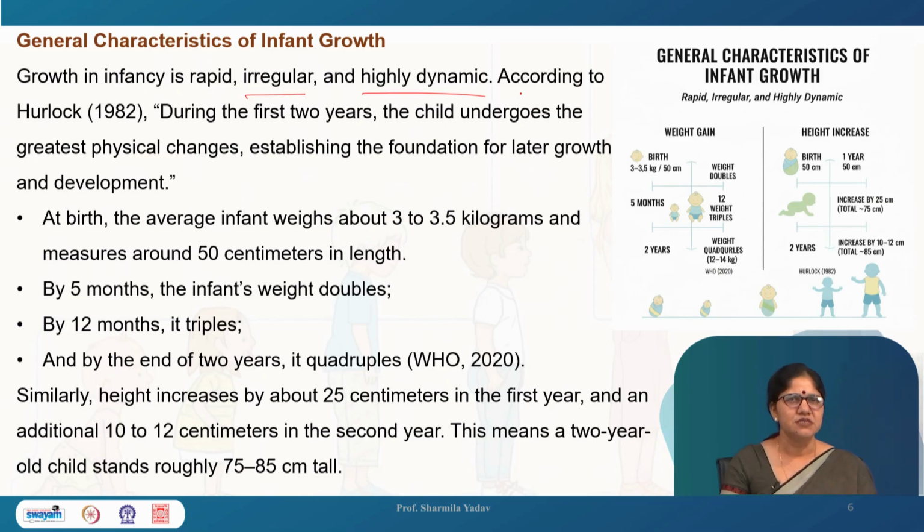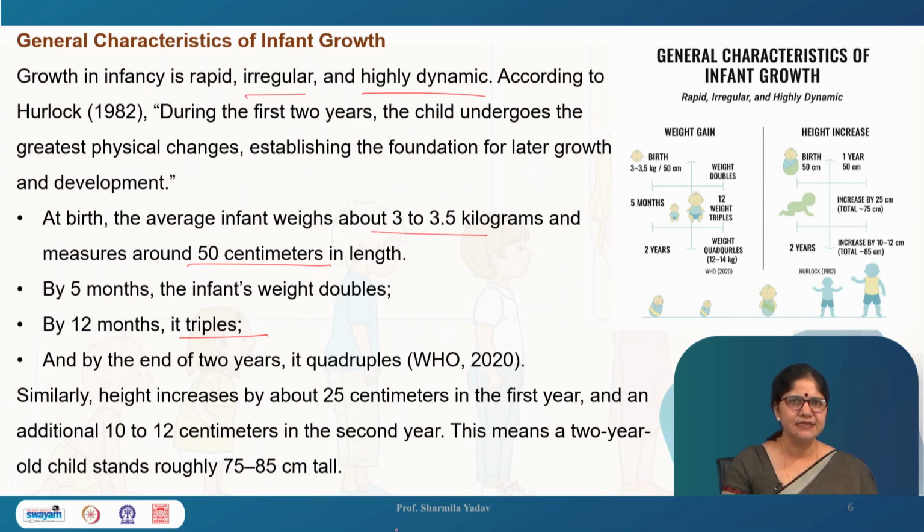At birth, the average infant weighs about 2.5 to 3.5 kilograms and measures around 50 centimeters in length. By 5 months, the infant's weight doubles. By 12 months, it triples, and by the end of 2 years, it quadruples, according to WHO 2020.